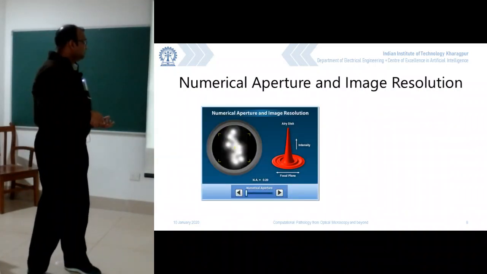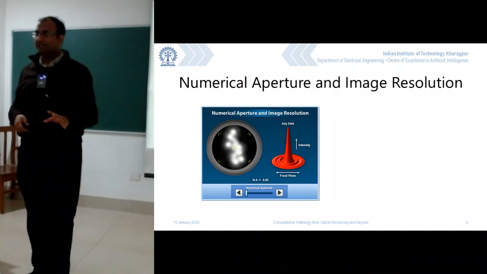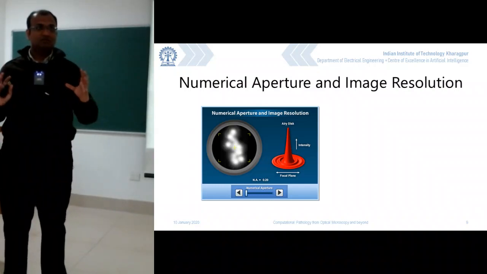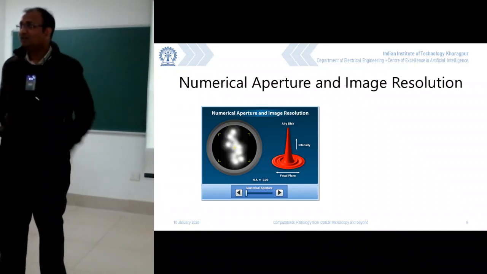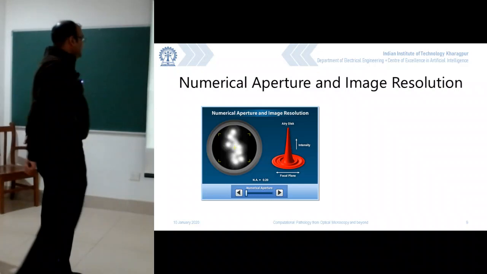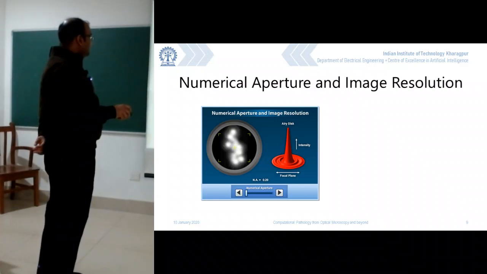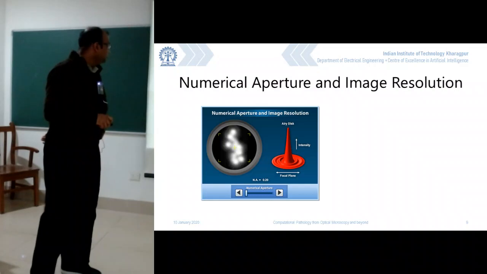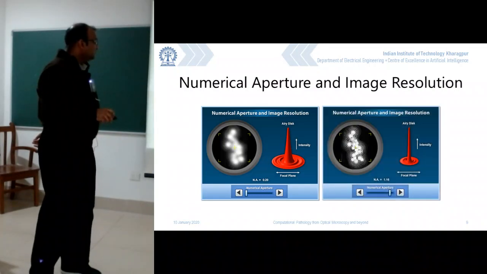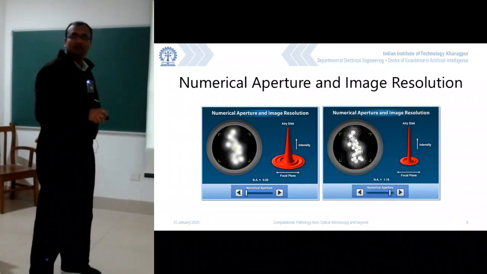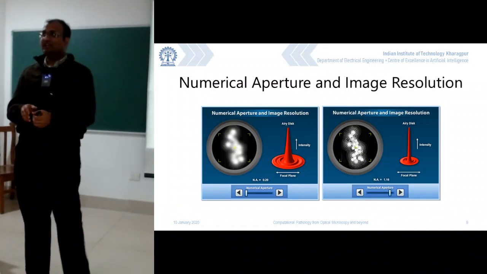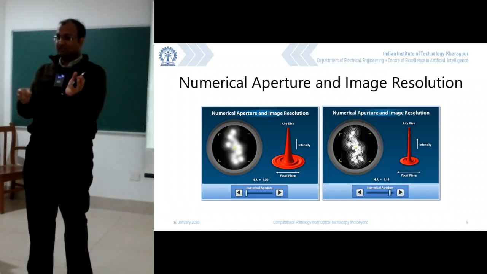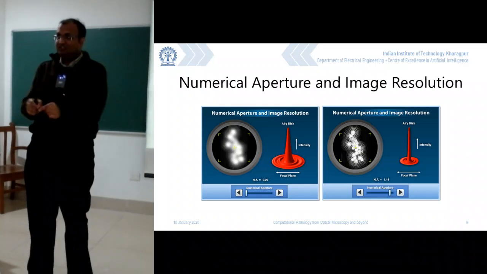From an image resolution perspective, this has a very important implication. And in fact, that's where I am now entering into what I have to say. Till now it was not yet anywhere close to the main problem I am trying to solve here. So in this case, if you have a low numerical aperture, something like 0.20, versus a very high numerical aperture like 1.15, what this changes is that when you have a very high numerical aperture, you have a lot of light coming in, and things are very much closer to your lens, and as a result, 2 points in space can be resolved.